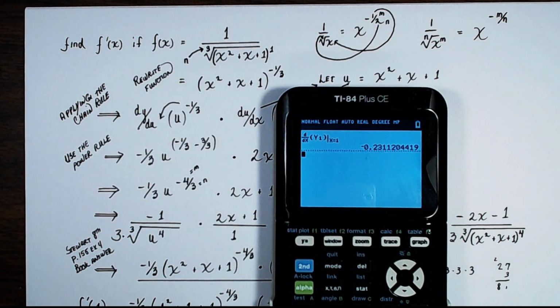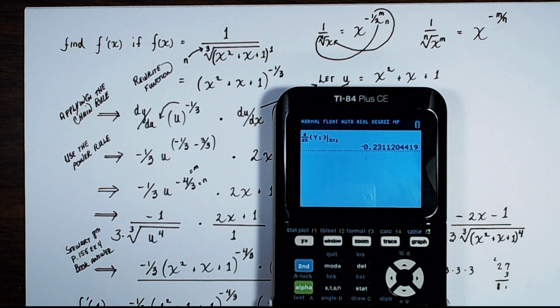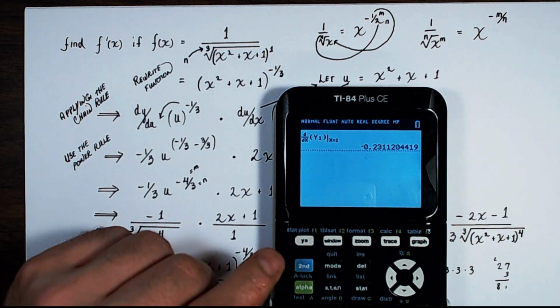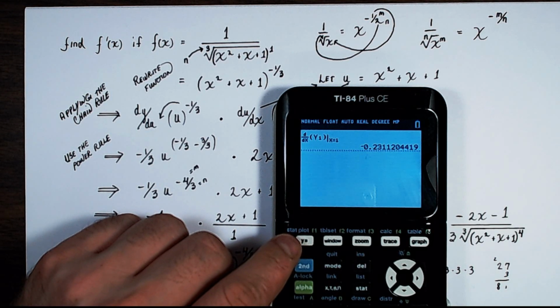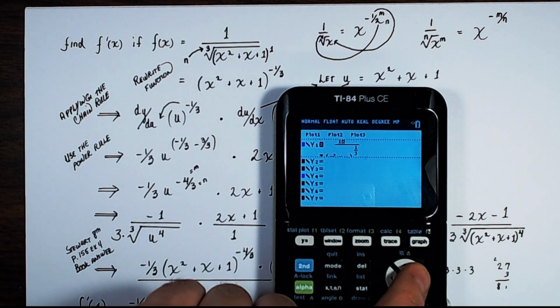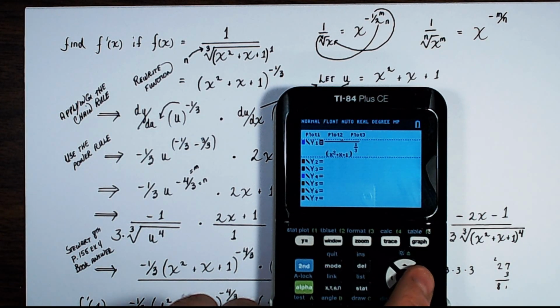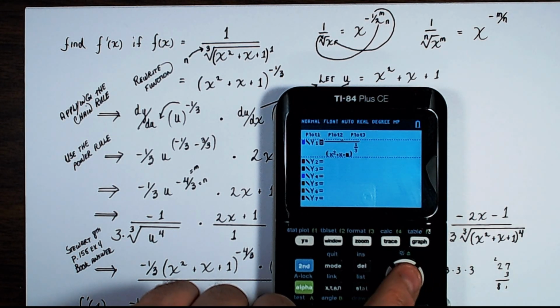Ready? Well, that's annoying. What did I do wrong? Make sure that this is entered correctly. The cube root, right? Yeah, x squared.